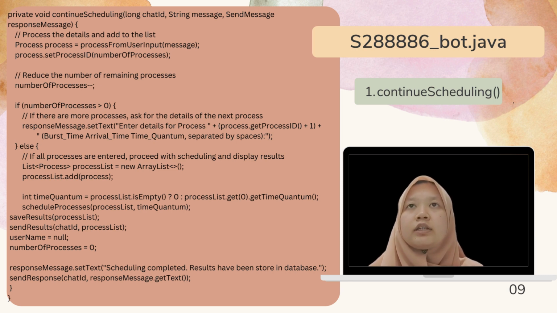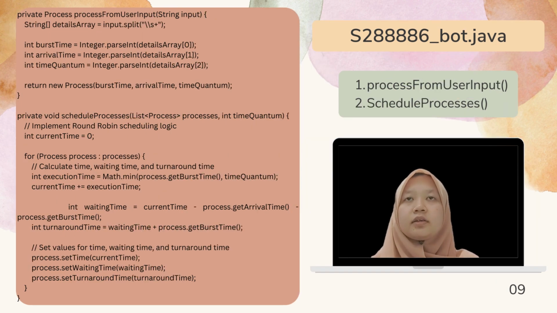Next is the method continue scheduling. This continues the scheduling process based on the user input, and it collects details for each process, calculates the scheduling results, saves them to the database, and sends the result to the user. Next, the method process from user input.